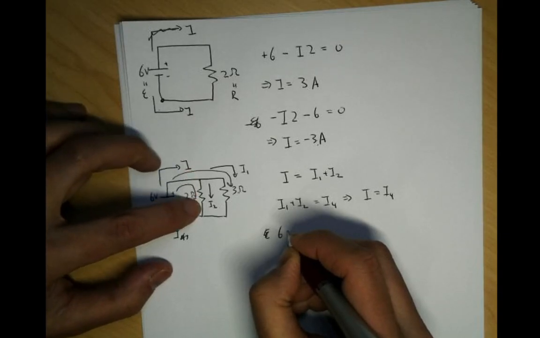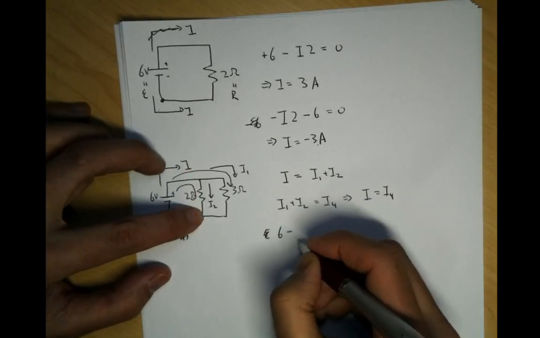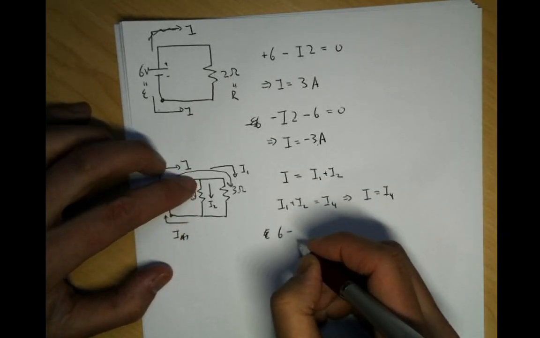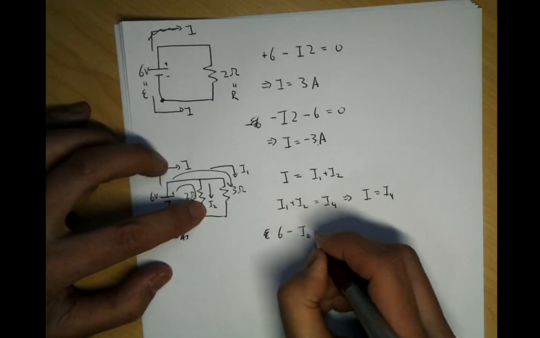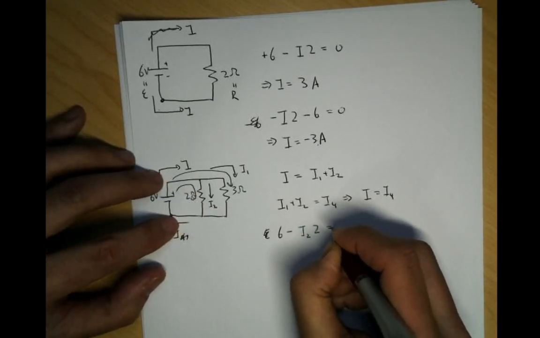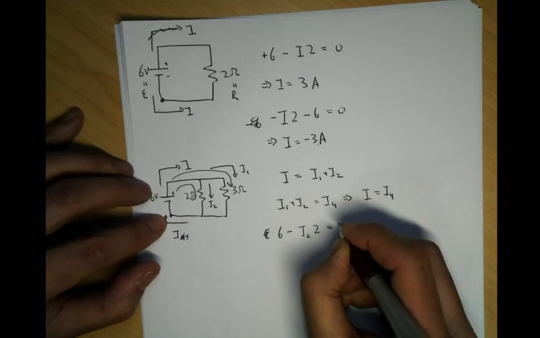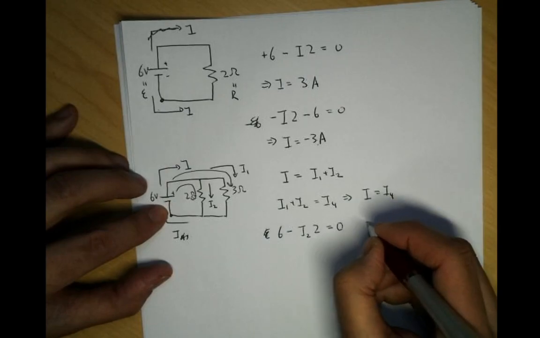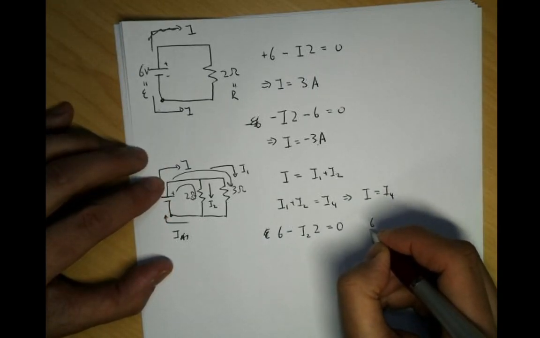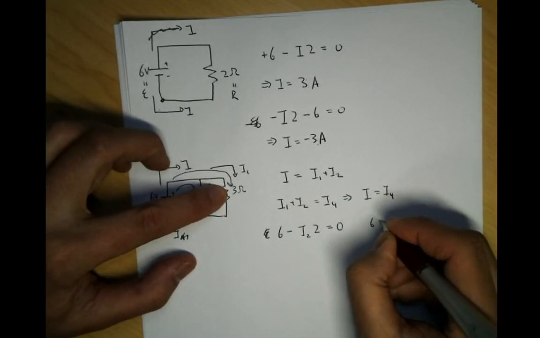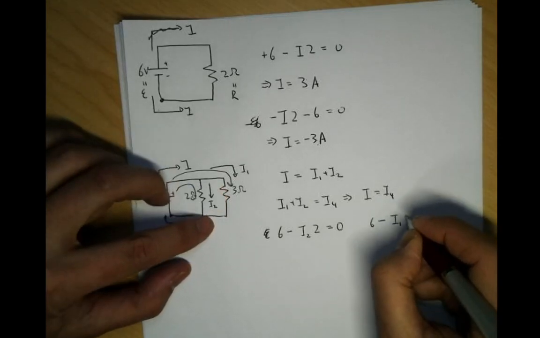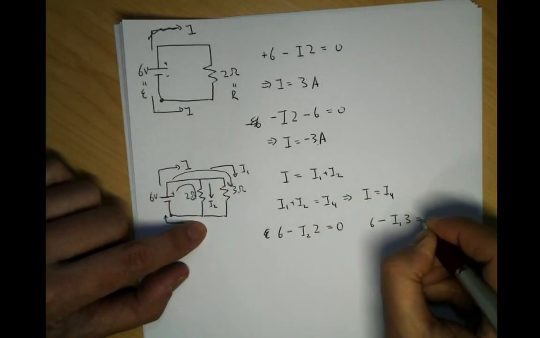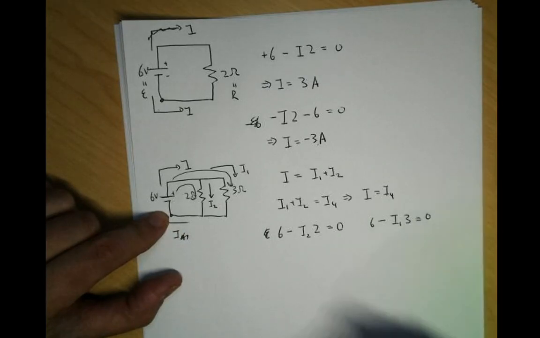Now I'm going to go through this inner loop. Minus, the first one is going in the direction of I2, times 2, is equal to, coming back to the same point, 0. Okay? Now let's do the outer loop. Then basically that one's 6, going across this way, going across this one, minus I1 times 3 equals, coming back, 0 again.